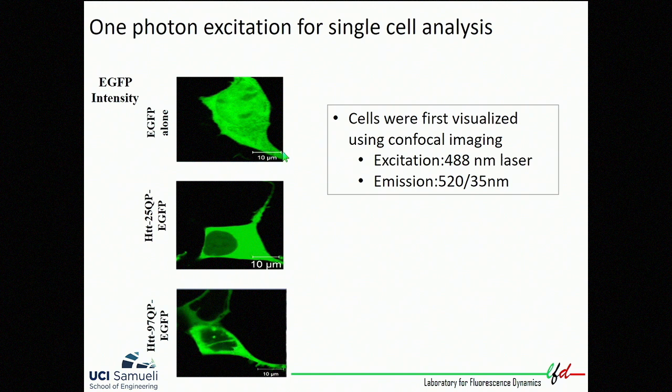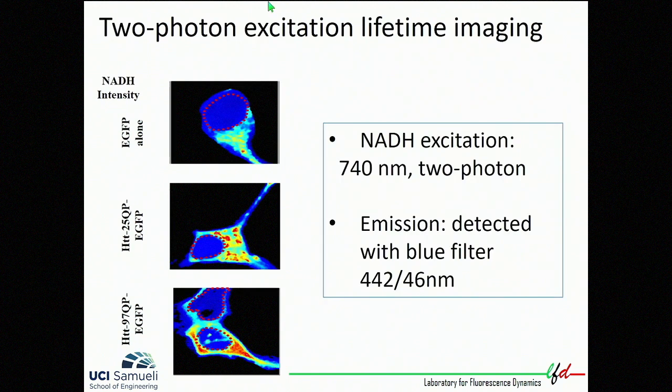And just to show you that we can multiplex, in other words, we can label the cells with green fluorescent protein and it will not hinder our NADH signal. We're using two-photon excitation at a wavelength of 740 nanometers, and we're looking at the emission of blue light. And what you can see here is the intensity of the NADH signal.